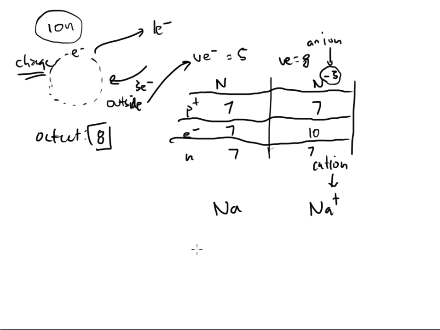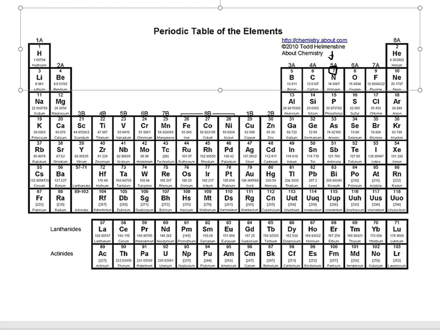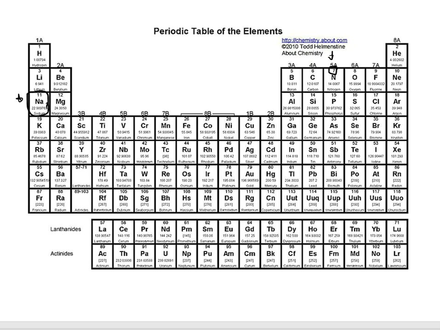Okay? Now let's do the same thing with sodium. We have protons, electrons, neutrons, and I'll go ahead and do valence count here at the very bottom. All right, so we'll draw this, and I'll make this nice little pretty table. If I go to the periodic table, I find sodium. Sodium's right here to the left at number 11.